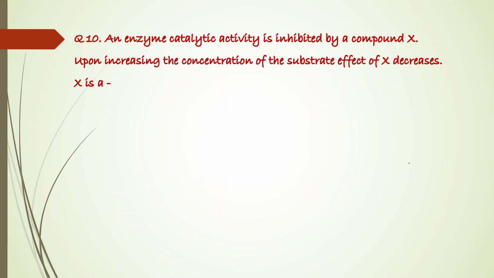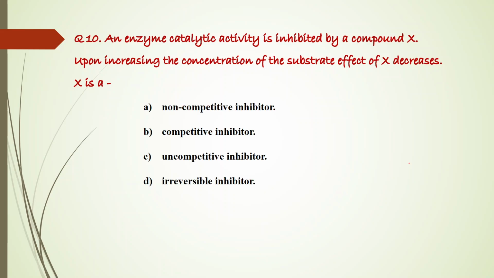Moving to the next one, it is saying enzyme catalytic activity is inhibited by a compound X. Upon increasing the concentration of the substrate, the effect of X decreases. So what kind of compound will X be? First of all, it is an inhibitor because it is decreasing the catalytic activity of the enzyme.